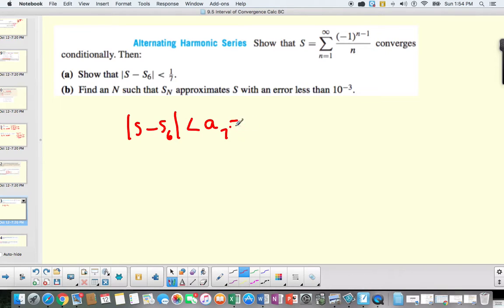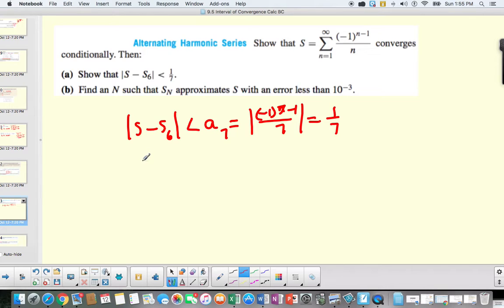And that 7th term I'm just going to put up here, and it's really the absolute value. So I can write the -1 to the n, but really it's the absolute value, so all of this becomes +1, and this is 1/7. So I've proved that that's true by using the 7th term to determine my error.